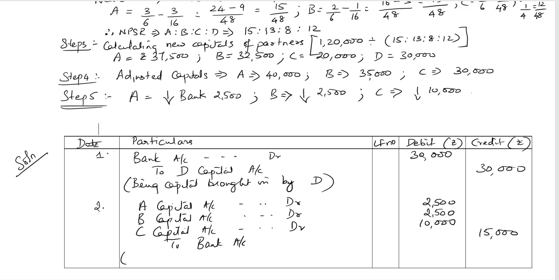Narration being cash withdrawn by A, B and C. So these are the answers, the two journal entries for the second example sum.